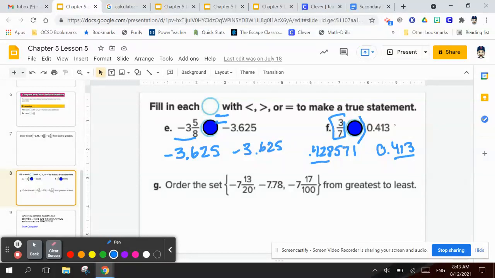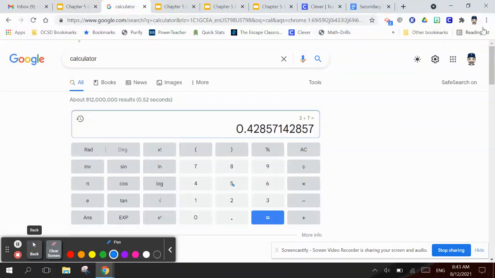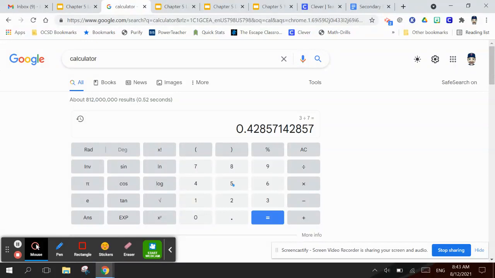So if we look at letter G, we have to order our set from greatest to least this time. So largest to smallest. So let's change our fractions or mixed numbers into decimals. So I have negative 7 and 13/20. So I'm going to go to my calculator. And I'm going to go 13 divided by 20, and I get a 0.65.